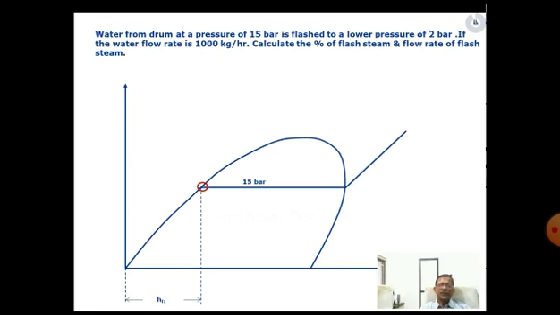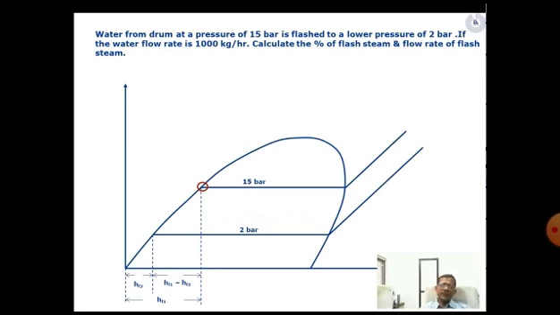Now this is taken to the flush tank where the pressure is 2 bar. At 2 bar, the saturated water will have a much lesser enthalpy, HF2. So we have some additional enthalpy, HF1 minus HF2, which is going to convert some amount of water into steam.